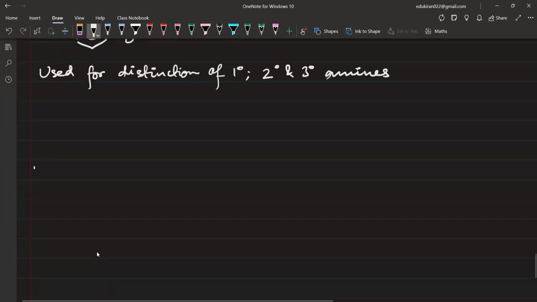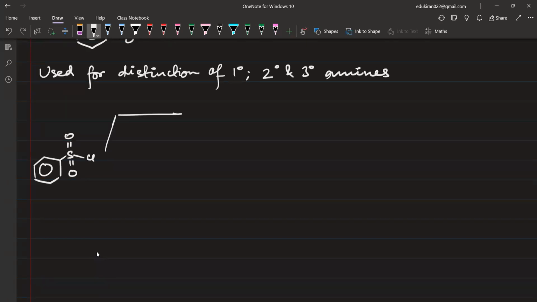So please see, we have this benzene sulfonyl chloride. And let us suppose it reacts with 1 degree amine, that is RNH2.